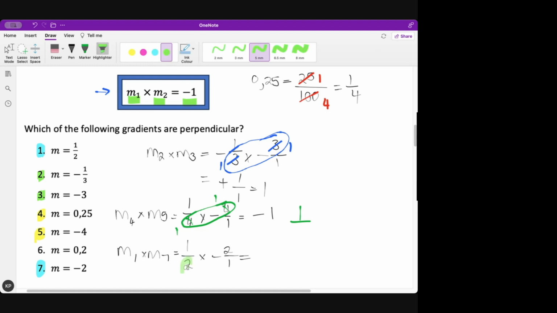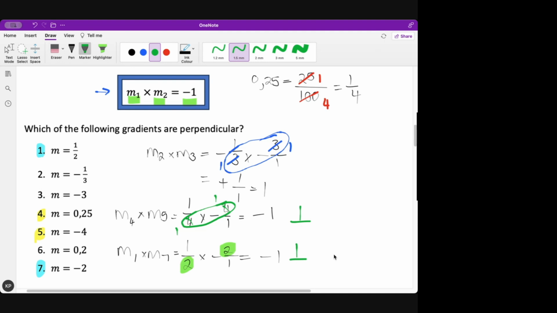If we check 2 and 2, that is our common factor, and I get a negative. What is a half times negative 2? 1 over 2 times negative 2 over 1. That would be a negative 1. So are these two lines perpendicular? Yes, they are indeed perpendicular.